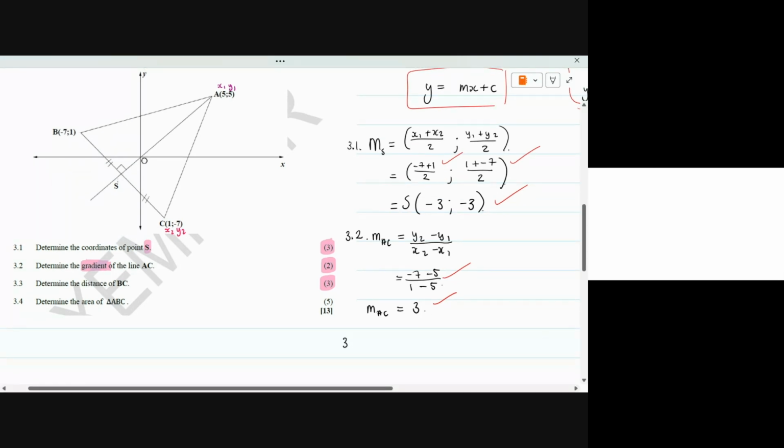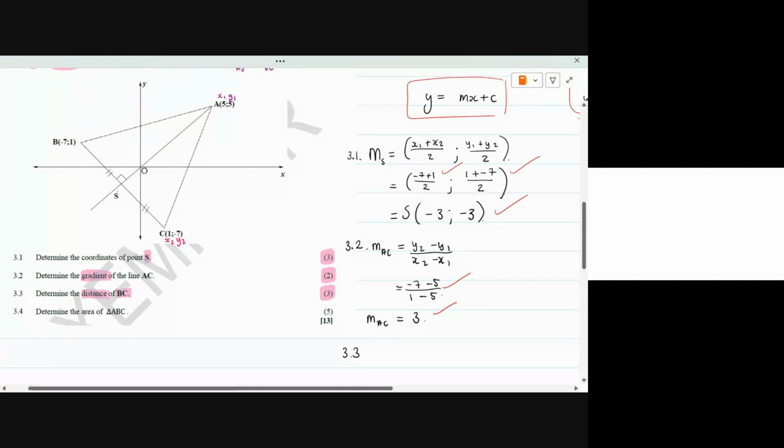3.3. The question is determine the distance of BC. Beautiful. Now you will label your coordinates again. C will remain as x2 and y2, but B will then be x1 and y1 again.